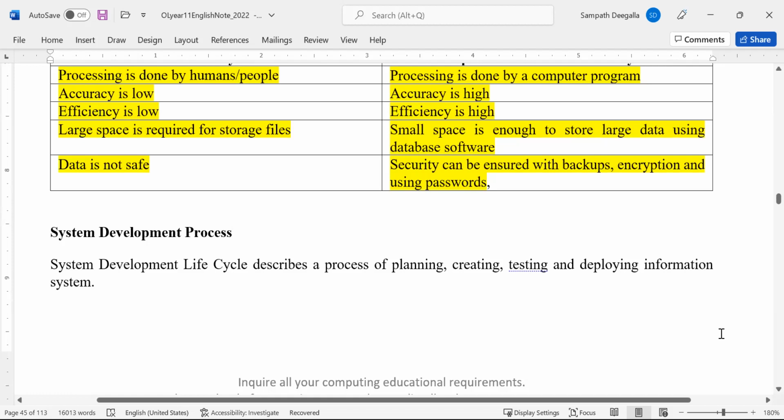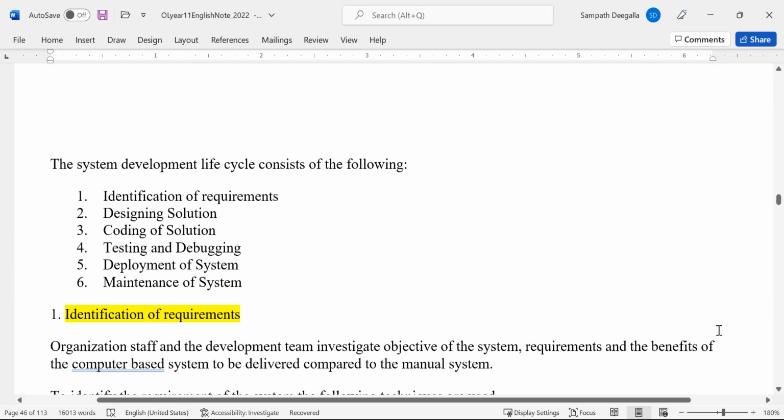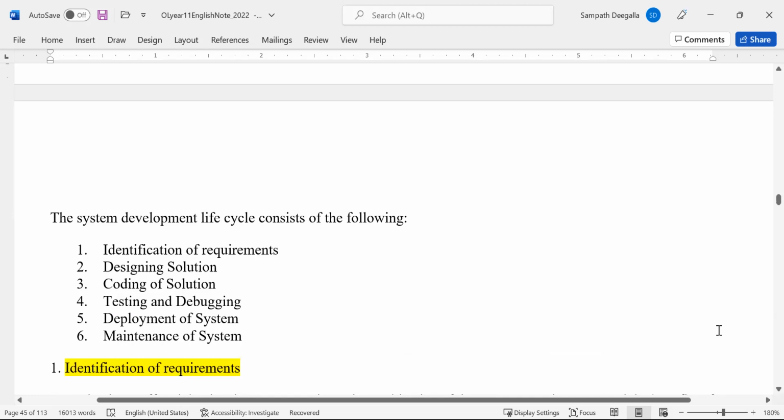We discussed how to plan and how to create, how to test, how to deploy an information system. Okay, now when you look at the information system life cycle, these are the phases that you are going to discuss. You are going to identify requirements.